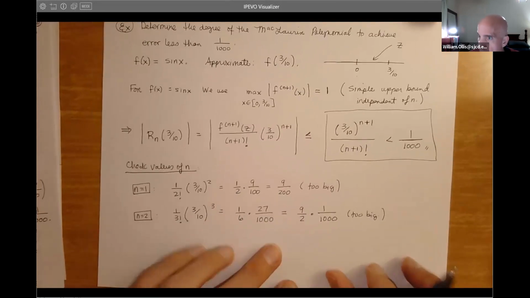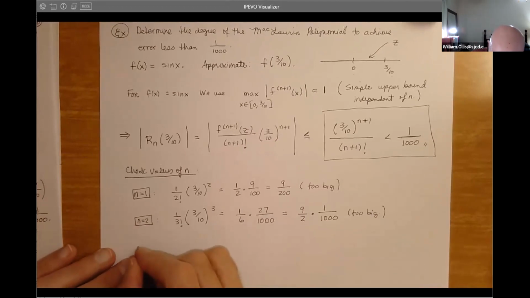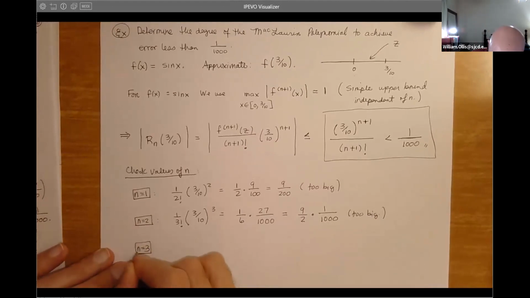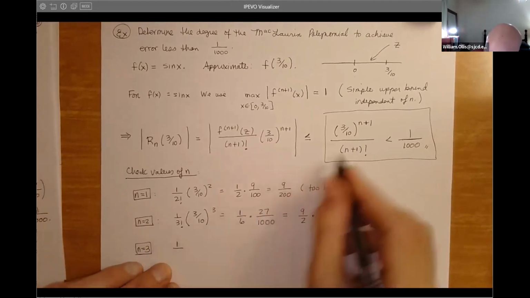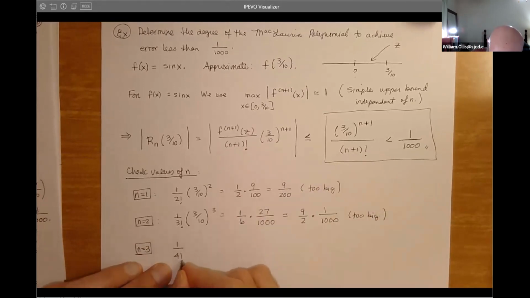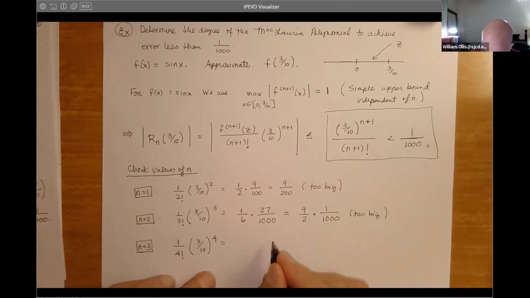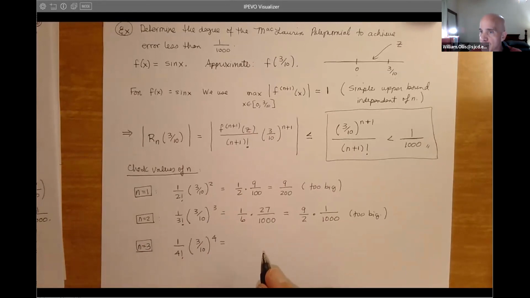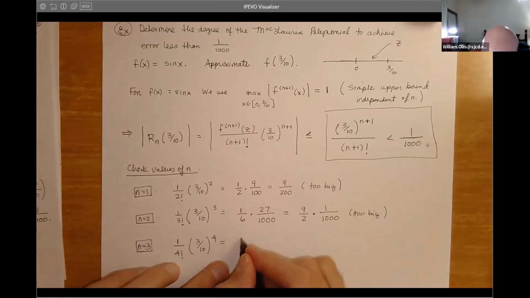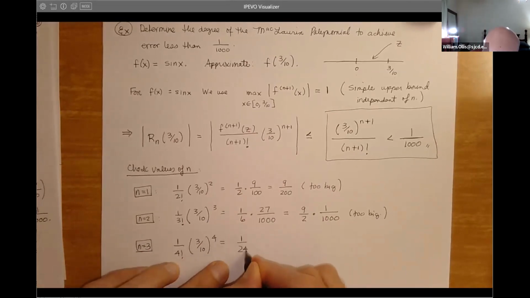So not clear. So let's try n equals 3. So now, again, n equals 3, we'll have 4 factorial, and then we'll have 3/10 to the 4th. So 4 factorial is 6 times 4, which is what? 24. So we have 1/24.